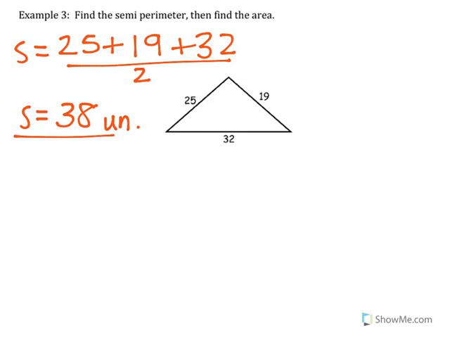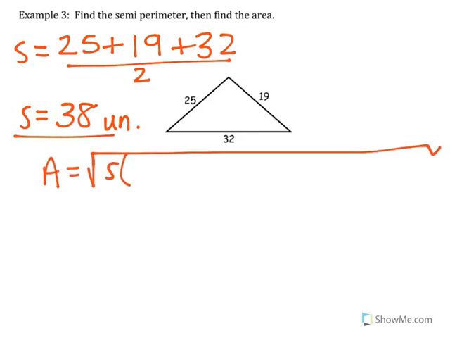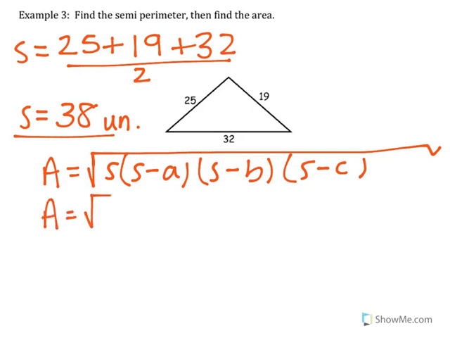Okay, last but not least, what are we going to do? Now we're going to find the area. Heron's formula tells me square root of S times S minus one side, the semi-perimeter minus another side, and then the semi-perimeter minus the third side. And you can do that in any order. Doesn't matter which side comes first. Okay, you're using all of them.